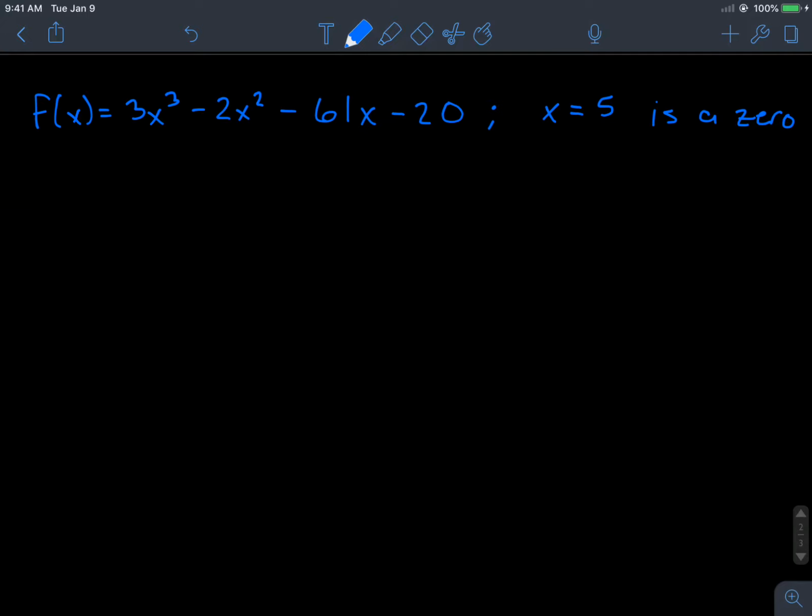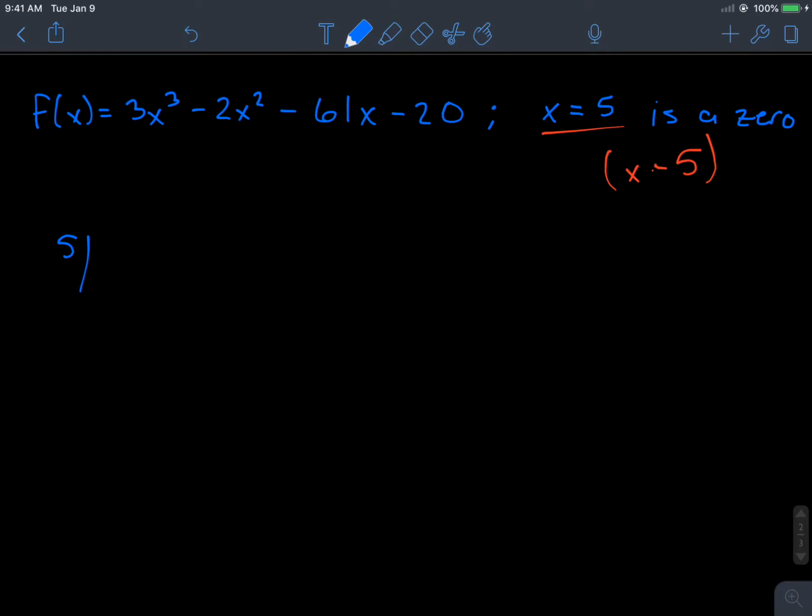So our second example here, instead of being given a factor, we're given a 0. So we're going to use 5 in the synthetic division, but what is it that we're factoring out or dividing out? Well, the factor that goes with x equals 5 is x minus 5, right? So once we get it divided out, that's the factor that has come out. So we set up our synthetic division.